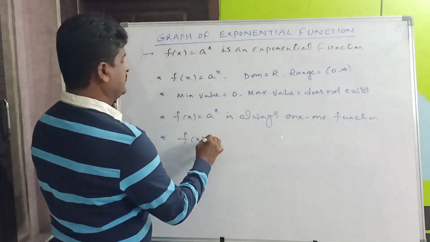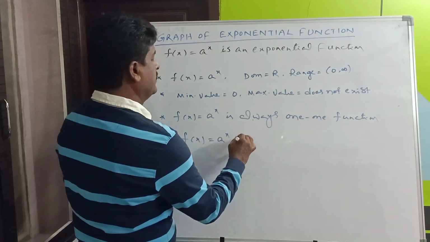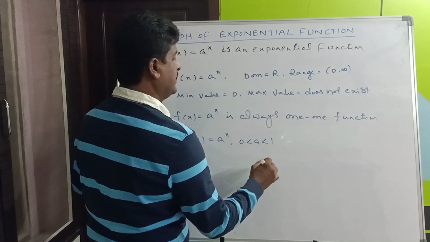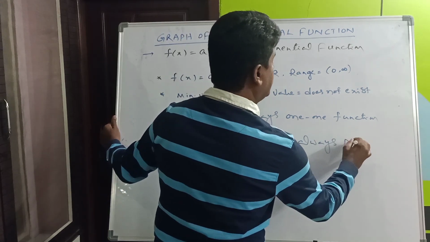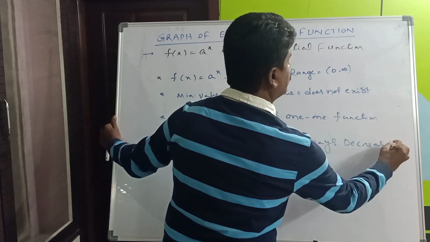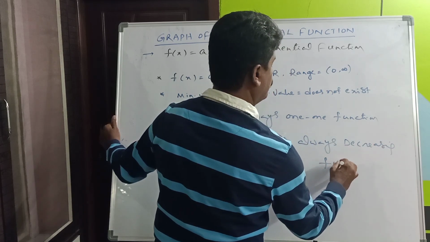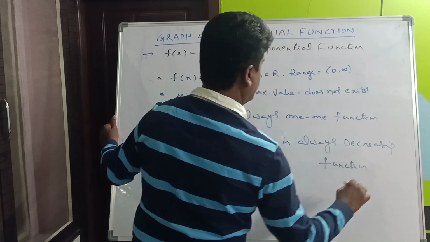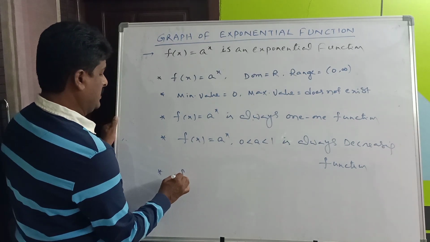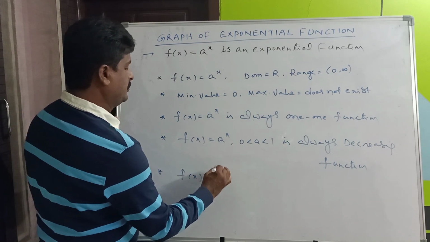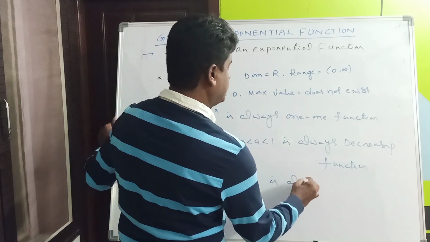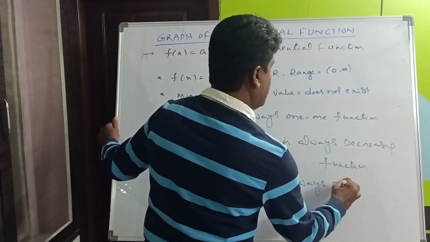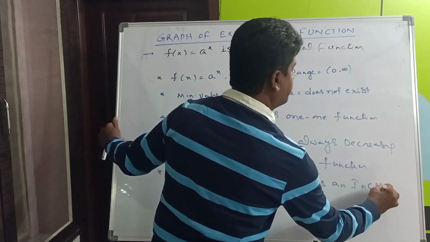F of x is equal to a power x, with 0 less than a less than 1, is always a decreasing function. F of x is equal to a power x, with a greater than 1, is always an increasing function.